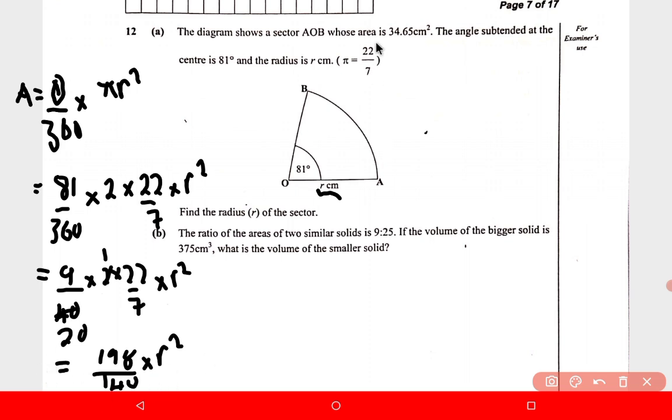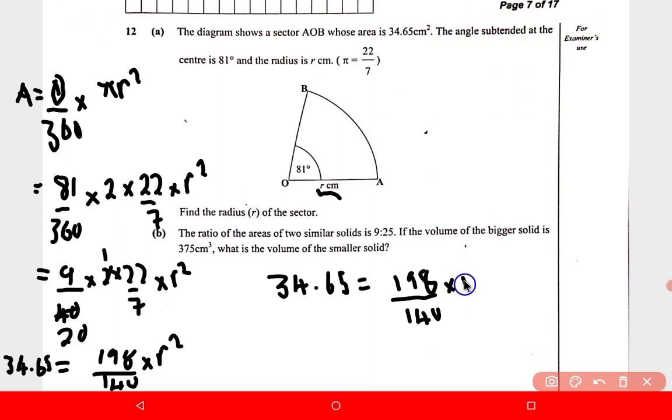So the area has been given, you can replace it on this side with 34.65. So you can write 34.65 is equal to 198. Moreover, the examiners know that you can't square root without a calculator, so they give you such a question just to waste your time.